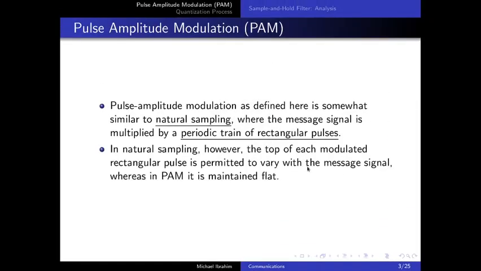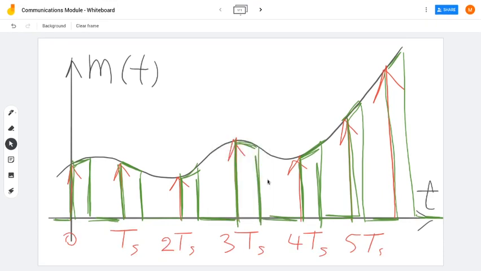In natural sampling, however, the top of each modulated rectangular pulse is permitted to vary with the message signal, whereas in PAM it's maintained flat, and this is a very important difference. So in natural sampling, the top part of the pulse is allowed to change with the message.